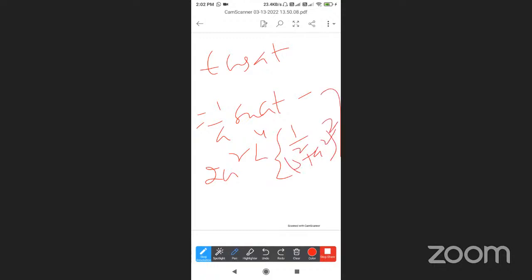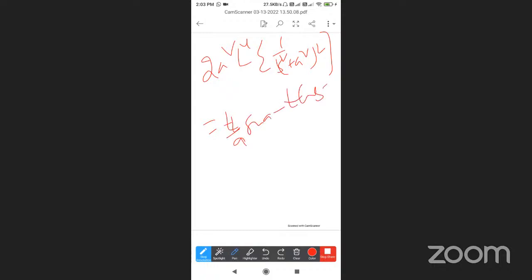Moving to the right side, 2a square into the inverse Laplace transform of 1 by (s square plus a square) whole square is equal to 1 by a sin at minus t cos at.